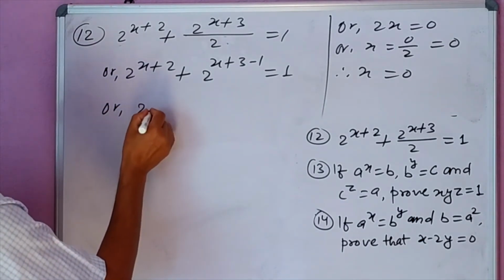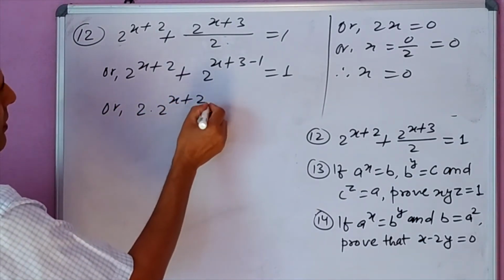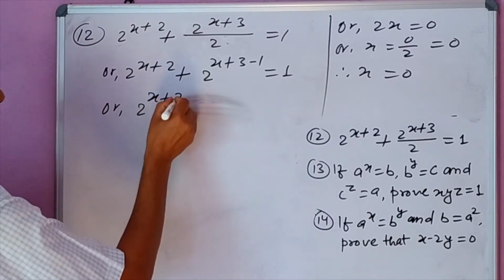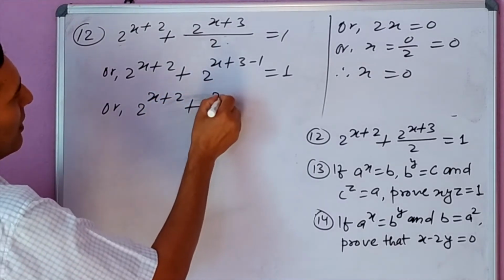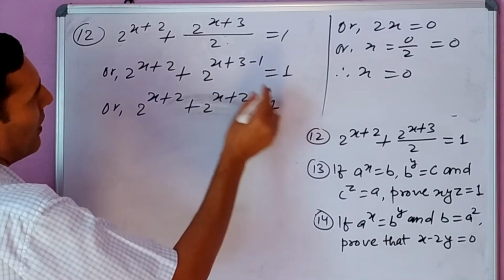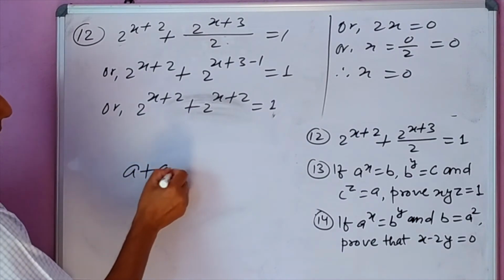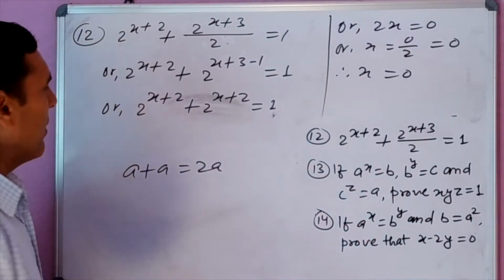So 2 times 2 to the power x plus 2 is equal to 2 to the power x plus 2 plus 2 to the power x plus 3 minus 1, which is 2 to the power x plus 2. We know that a plus a is 2a.